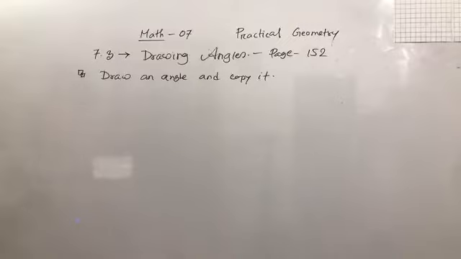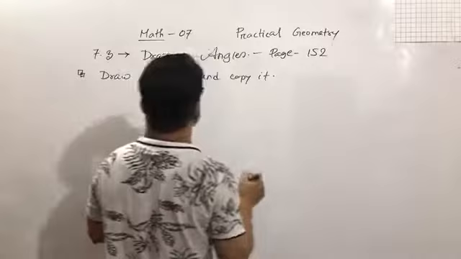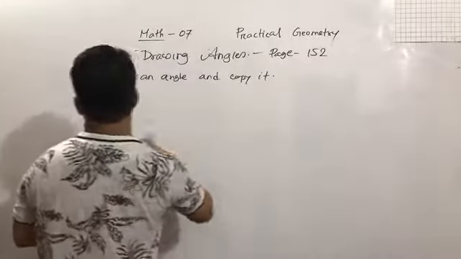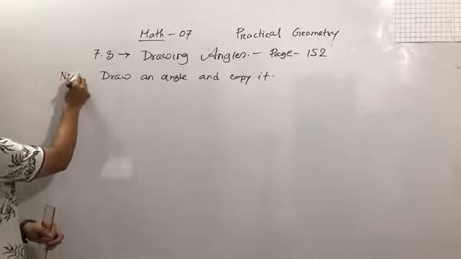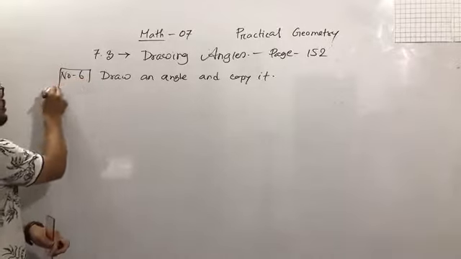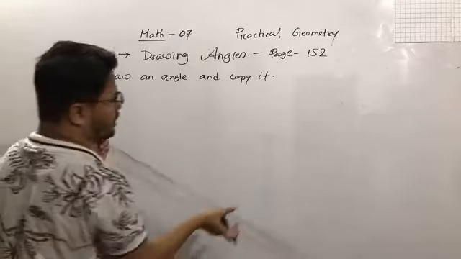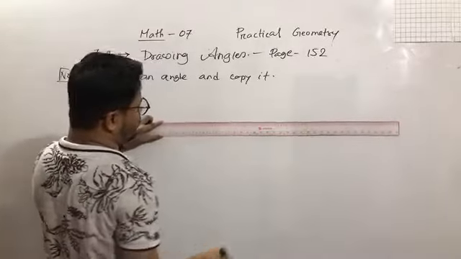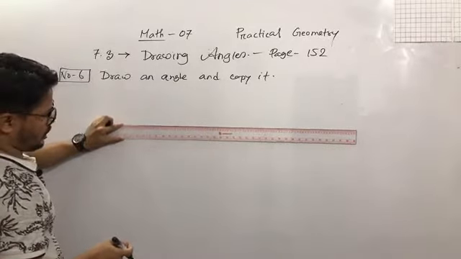In your academic book, this one is construction number 6. Construction number 6. Okay, the first question, draw an angle and then copy it.